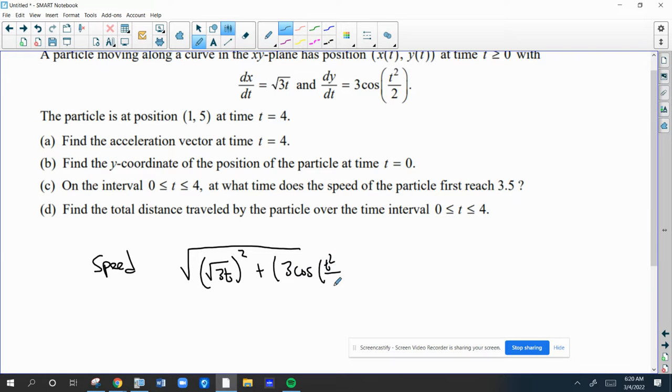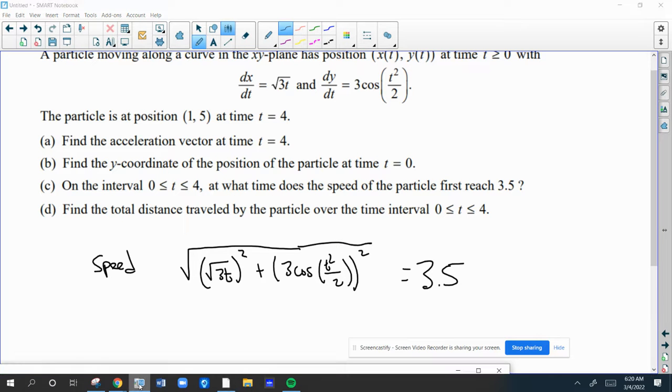It's the magnitude of the velocity vector, which is the definition of the magnitude. So that's all we need to do. We need to figure out where this speed first equals 3.5. So luckily it is a calculator question. What I'm going to do is move the 3.5 over to this side, so it's set equal to 0, and then I'm going to calculate the zeros.